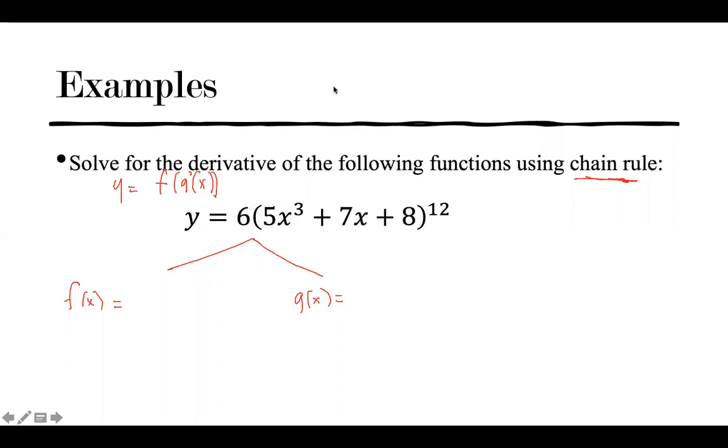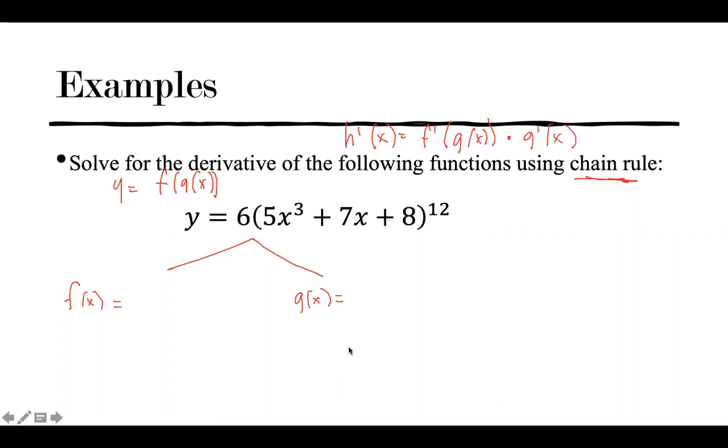By the way, let me write the formula. If you can remember, h prime of x is equal to f prime of g of x times g prime of x. Just be guided with this formula.